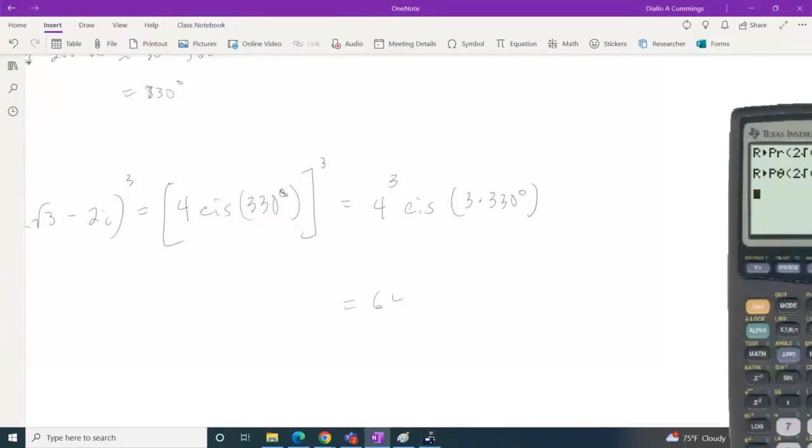Four to the third power is 64. 3 times 330 is 990. So I'm going to write this out in long form. So it's cosine 990 plus i times the sine of 990.